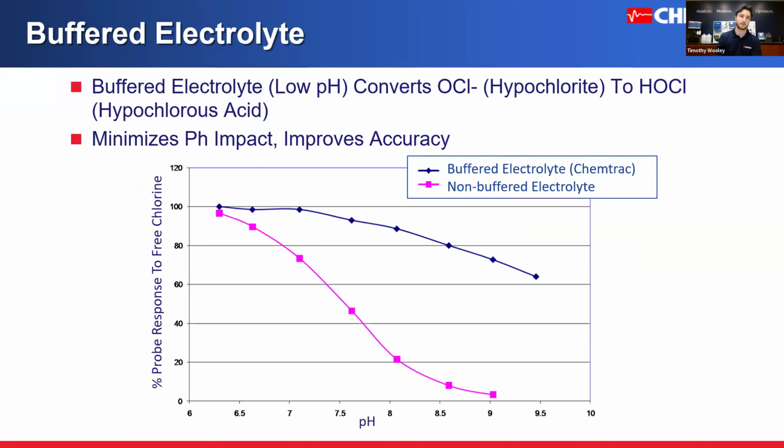So here's an example of why we use this buffered electrolyte. You'll see this pink or purple line here showing a non-buffered electrolyte. When that is used and the pH rises in a sample of water, you have a decreased response from the probe to that free chlorine. In this case, it's free chlorine that we made this chart for. And that decreased percentage response goes all the way from 100 to pretty much zero when you get above a pH of 9.